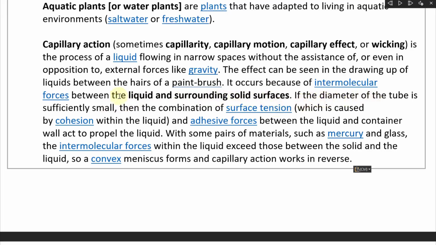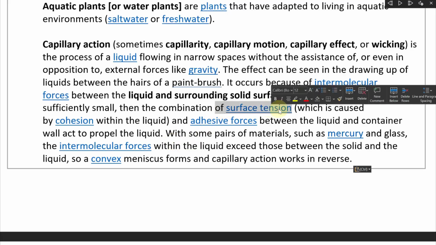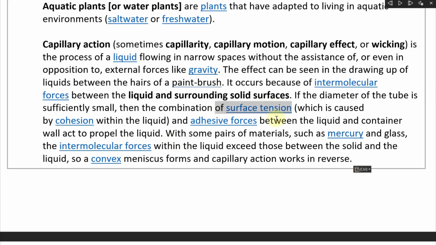If the diameter of the tube is sufficiently small, then the combination of surface tension, which is caused by cohesion within the liquid, and adhesive forces between the liquid and container, act to propel the liquid upwards. So it goes upwards, while surface tension keeps the liquid intact.